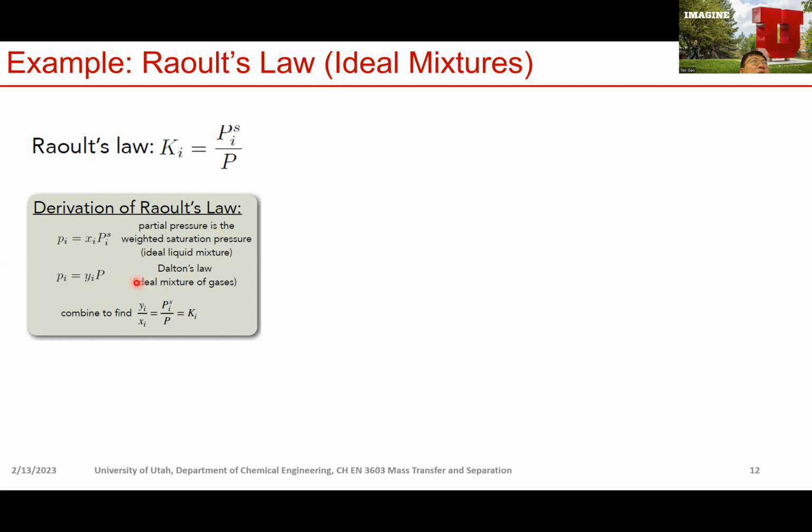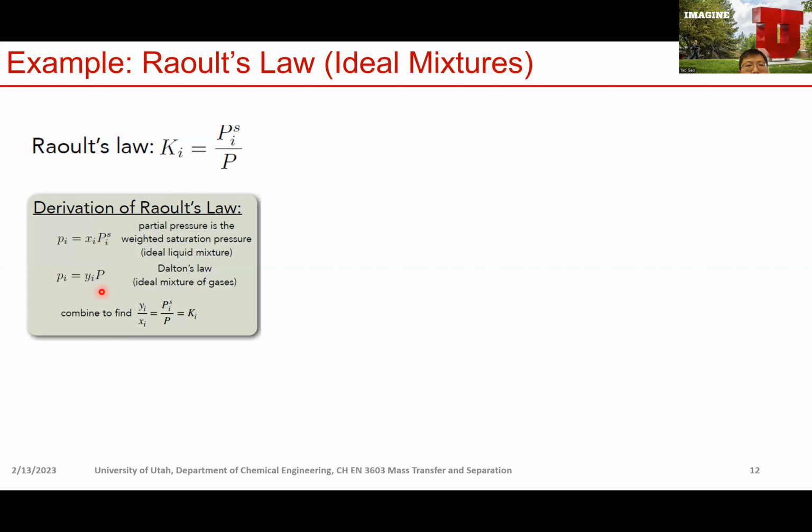That's Dalton's law. Then for an ideal liquid mixture, the pressure generated by each component i is proportional to the mole fraction of i in the liquid mixture multiplied by the saturation pressure of this species i. Okay.